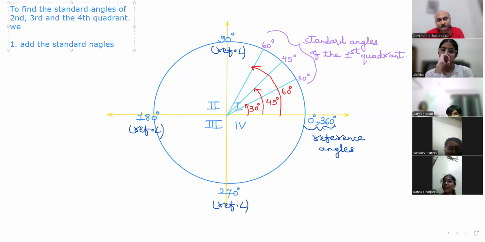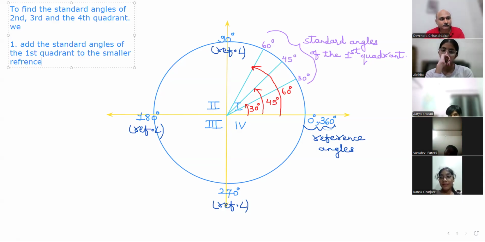Please follow it. पढ़ते जाओ, समझते जाओ. ठीक है, and we will discuss. Add the standard angles of the first quadrant to the smaller reference angle of the respective quadrant.